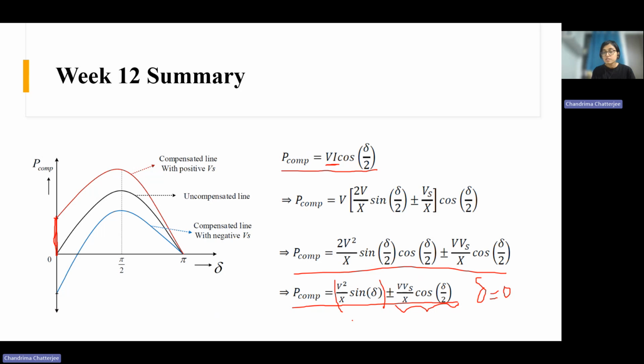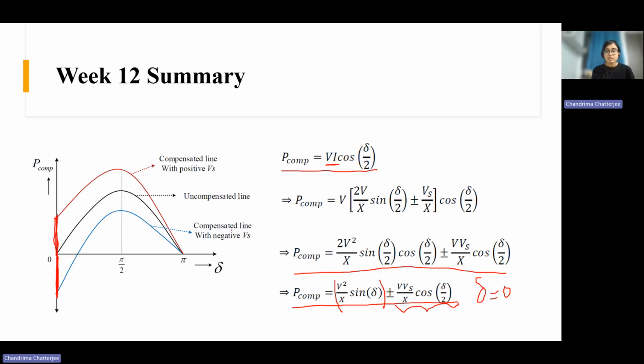That occurs due to this extra term. Fine. So when Vs is positive, then you get a positive power. But if Vs is negative, then this power is negative, right? And what does the negative power signify?